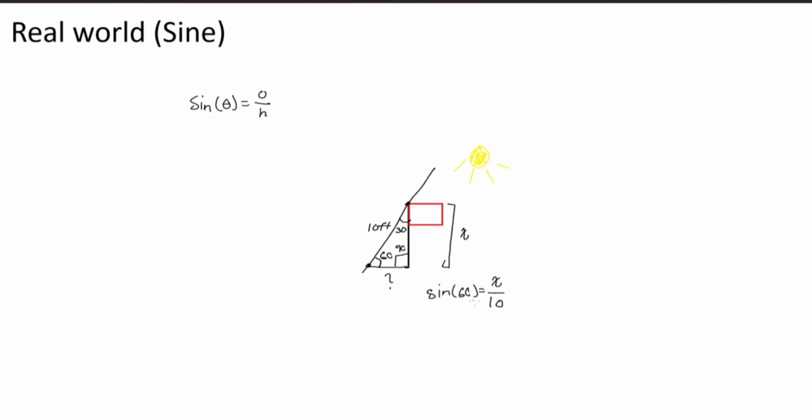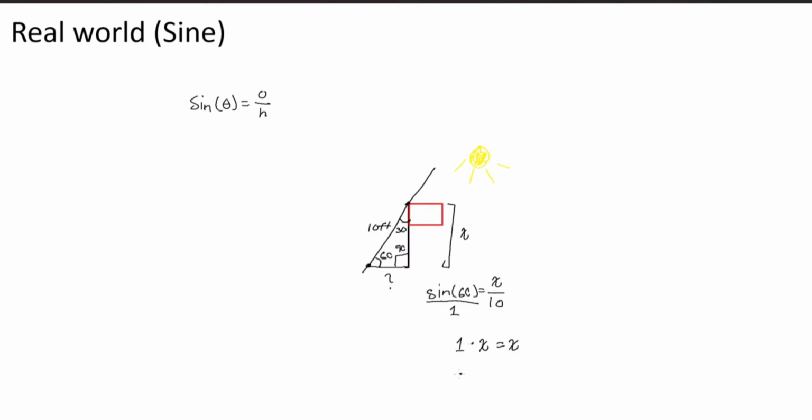Now, how do we solve for x? Just like the last time, we can rewrite this as sine 60 over 1 is equal to x over 10, and now we can do cross multiplication. So 1 times x is just equal to x.